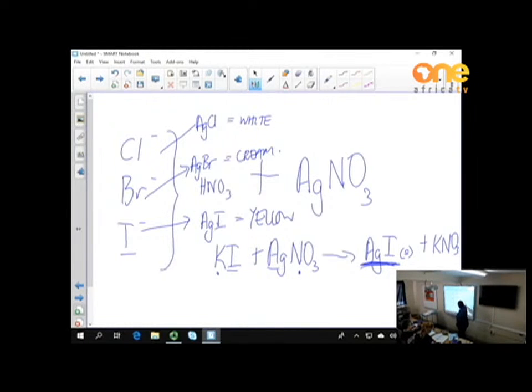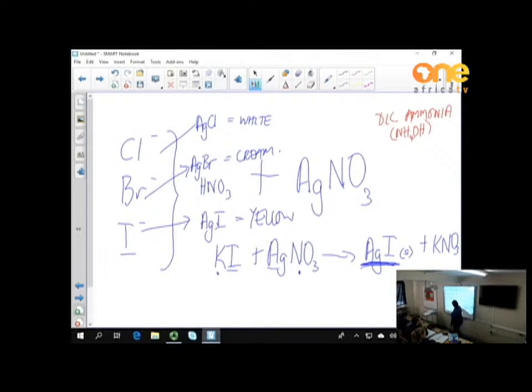If you get a white or cream or yellow precipitate, we know we've got one of the halides, but which one? The second part of this test is we start with dilute ammonia. When I dissolve ammonia in water, it forms ammonium hydroxide. So I add dilute ammonia to my first test tube.